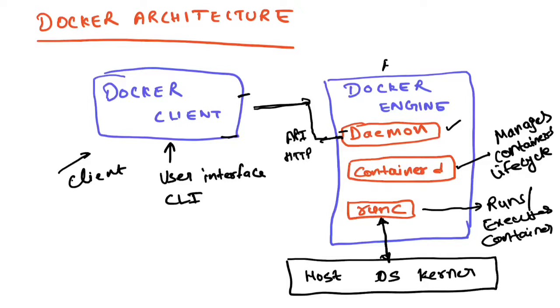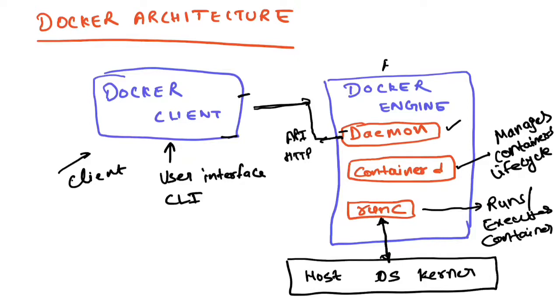So runc is the main component which actually creates your container. It takes those instructions from the image file, and using those instructions, it talks to your operating system kernel and does whatever operation you want to do in the container as written in the image, right?